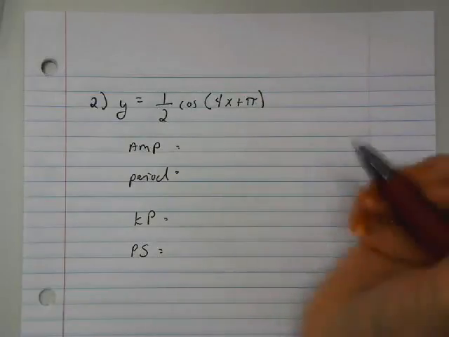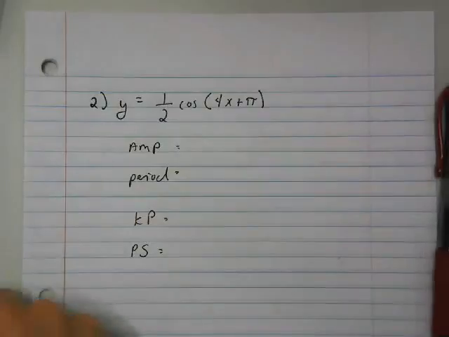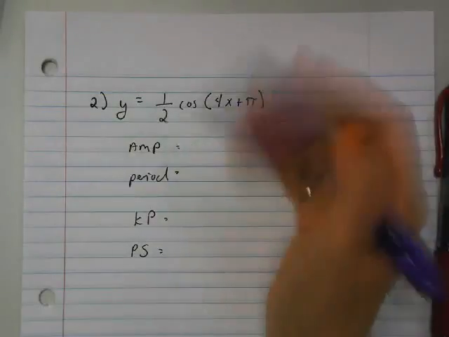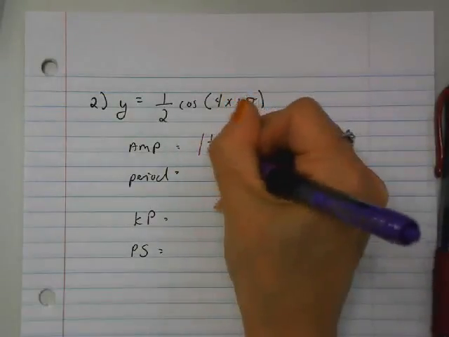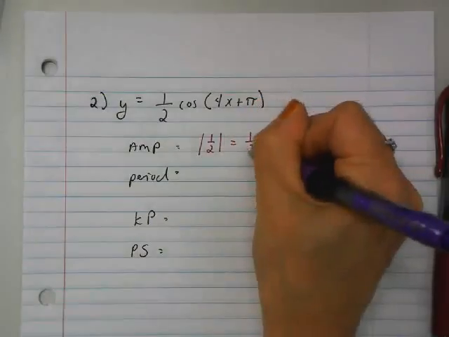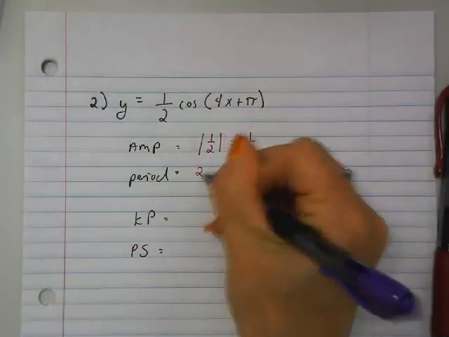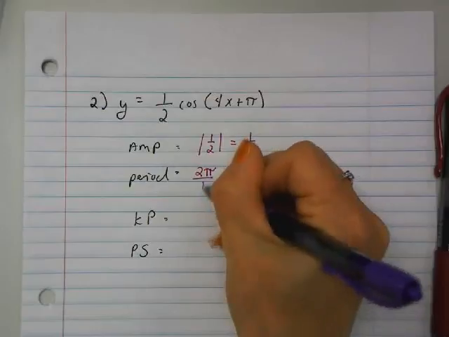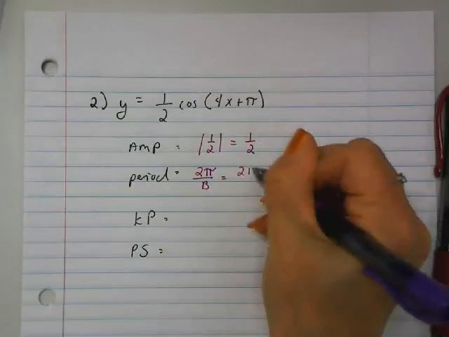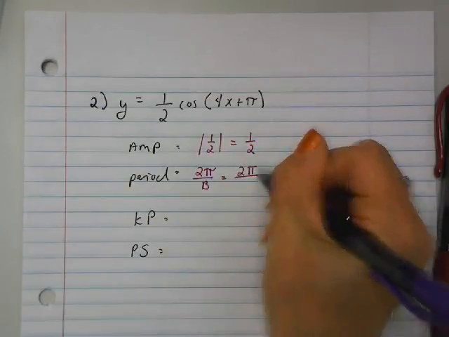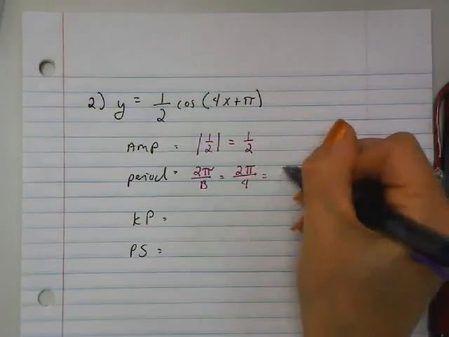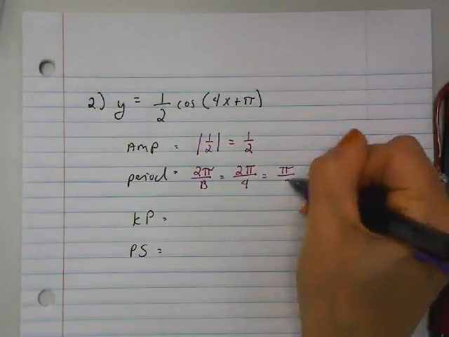Alright, let's go through our little pieces and parts. The amplitude is the absolute value of 1/2, which is 1/2. The period is 2 pi divided by b, and what is b in this case? 4. So do you agree that my period is pi over 2?